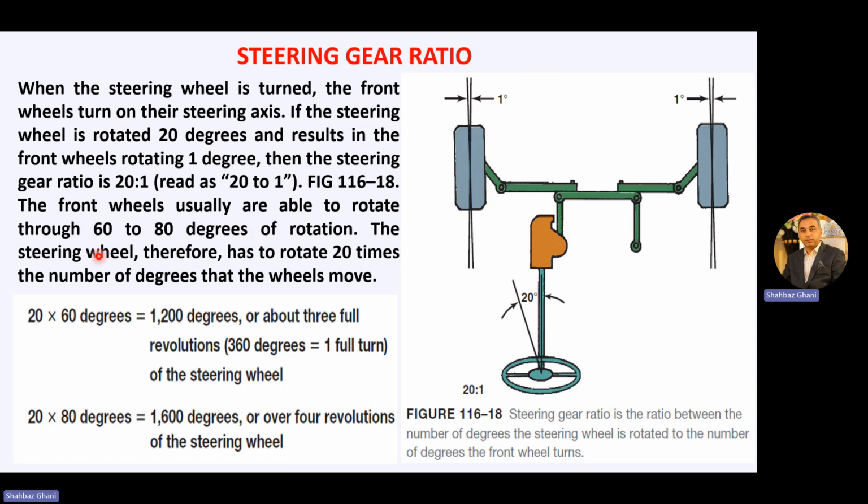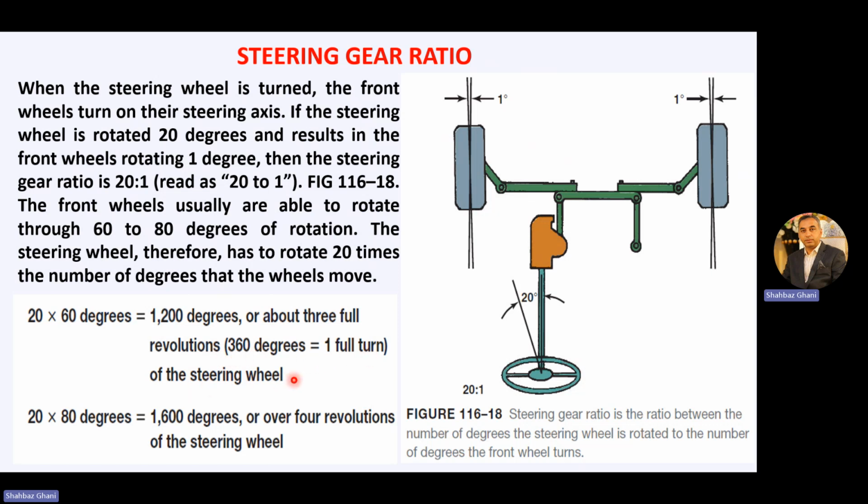The steering wheel therefore has to rotate 20 times the number of degrees that the wheel moves. So if the wheel moves 60 degrees, the steering wheel has to move 20 times that. So 20 times 60 degrees is equal to 1200 degrees, or about 3 full revolutions. 360 degrees is equal to 1 full turn of the steering wheel.